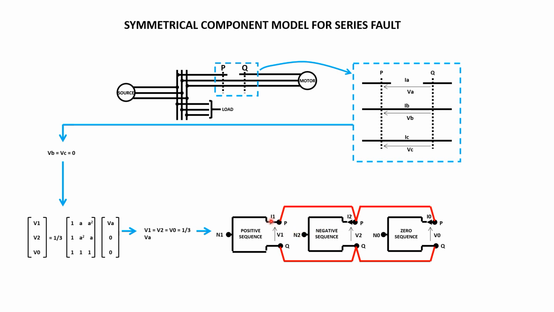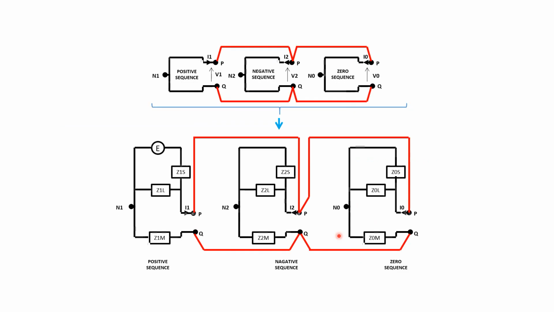Also keep looking at the arrows. For the positive sequence the arrow is out from the port, and for the other one it's into the voltage, so the arrow direction is important. That's the model.